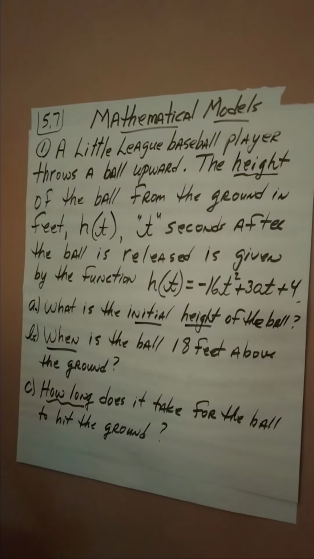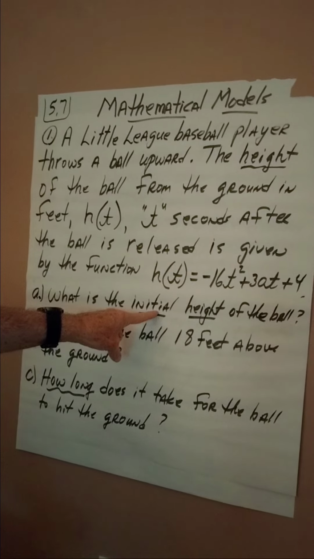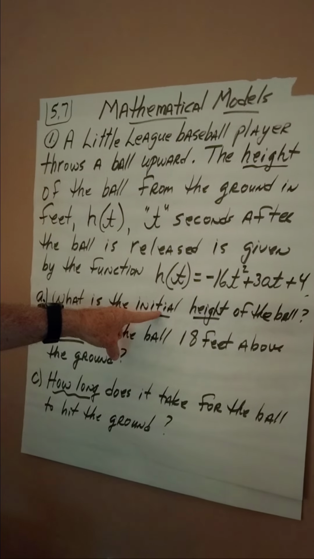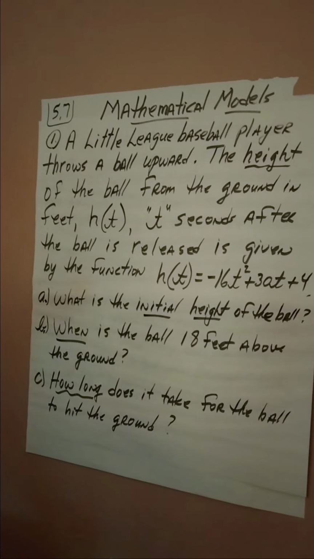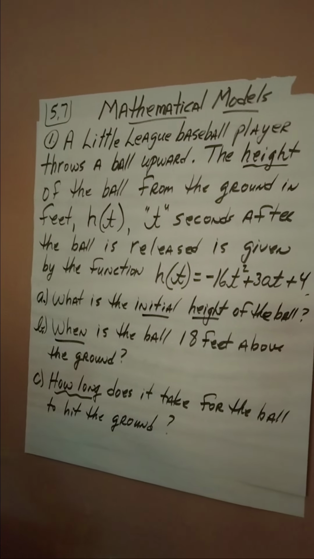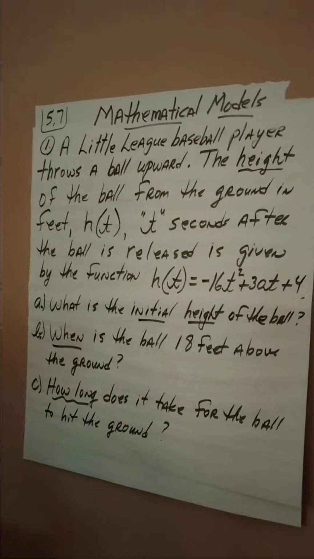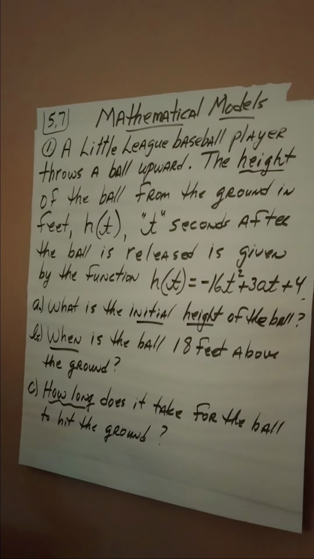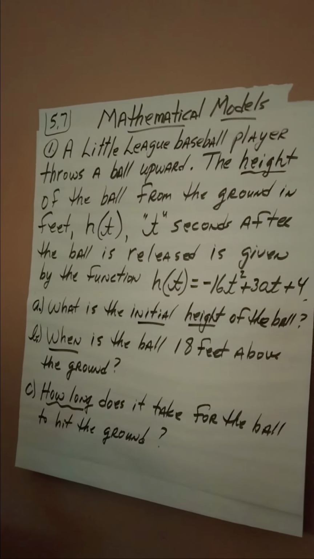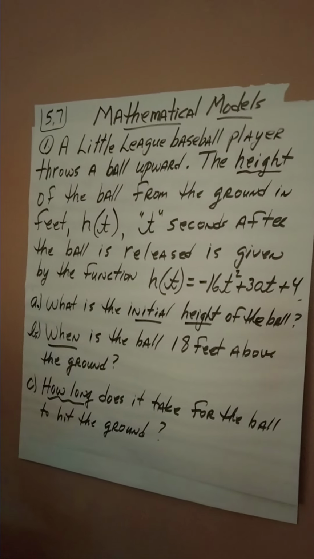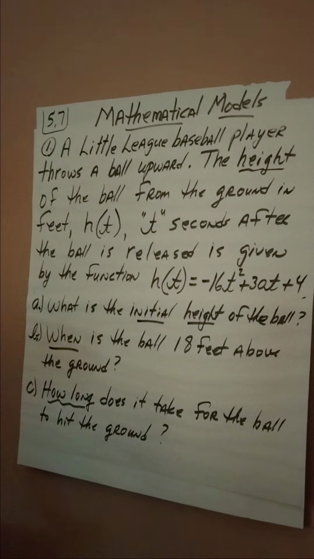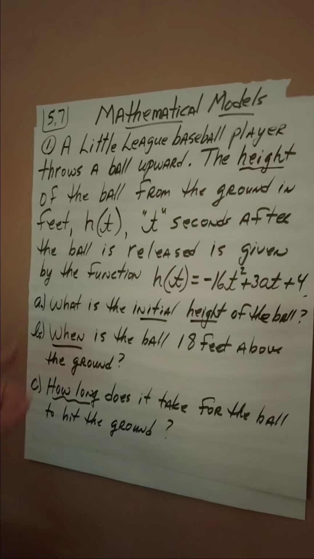Because question A is saying, what is the initial, the beginning height of the ball? Well, the beginning height of the ball is when the ball is resting in his hand. He hasn't thrown it yet, so no time has elapsed off of the clock. No seconds are ticking away because it hasn't been thrown.